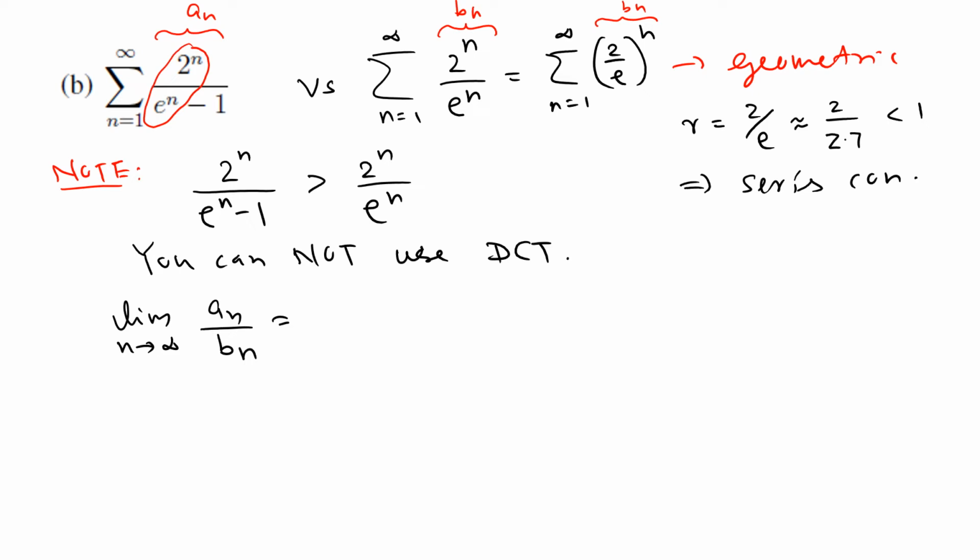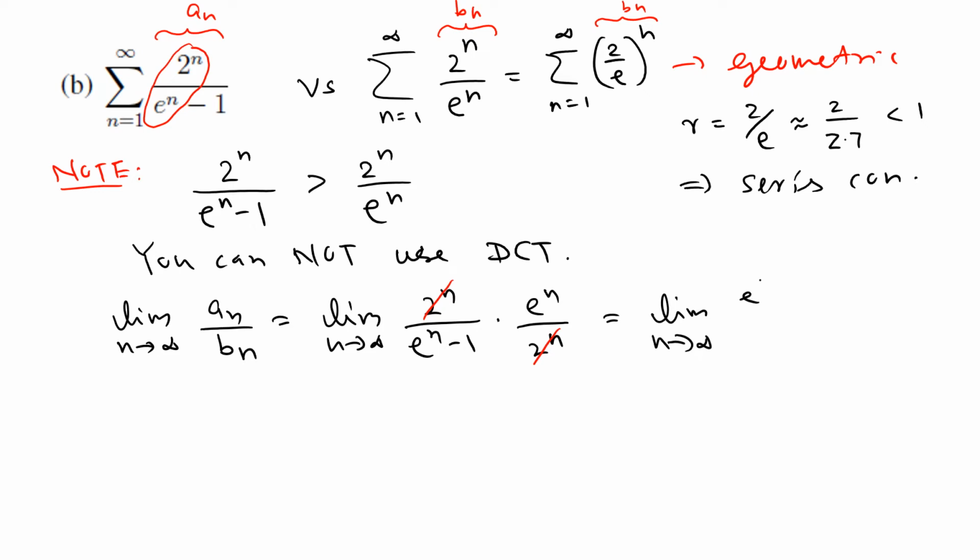It doesn't matter which one. a_n means 2^n over e^n minus 1, and b_n, but we're gonna make it a division, so it's upside down. That means you can write e^n over 2^n, and you can see that there's a nice simplification here. The 2^n gets cancelled, and then we can look at only the dominating terms. So we're gonna say the limit as n goes to infinity of e^n over e^n minus 1.